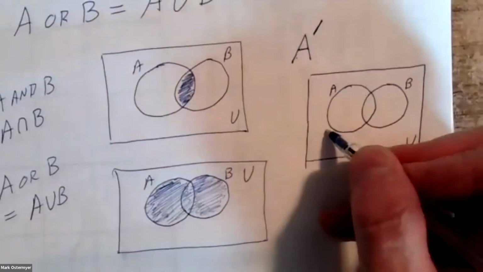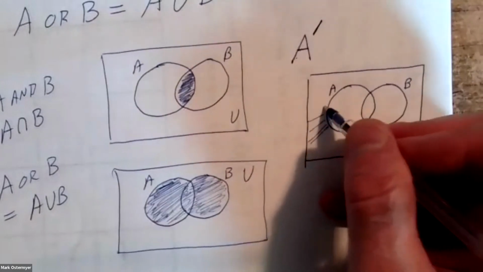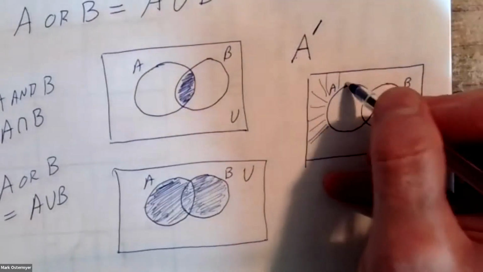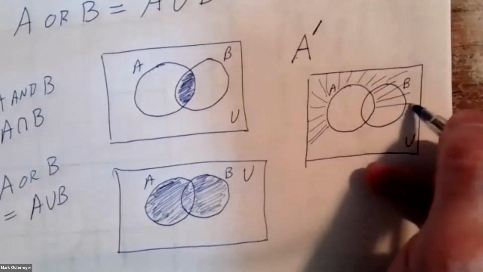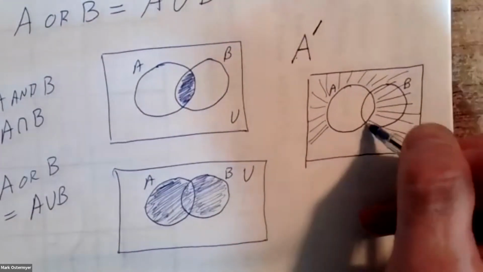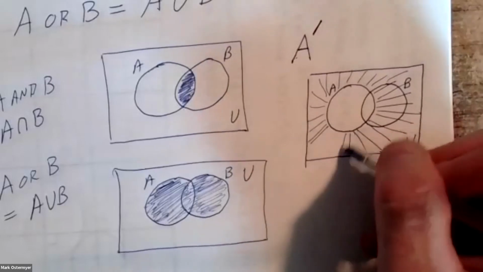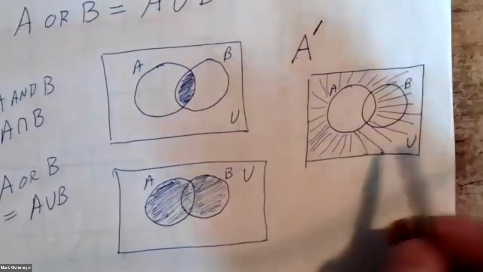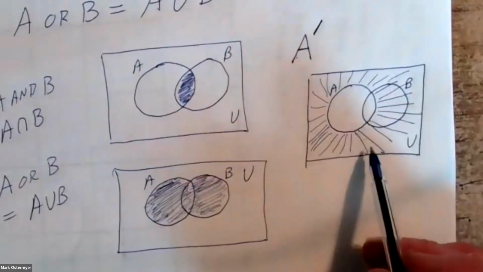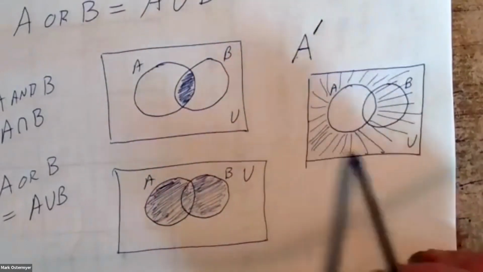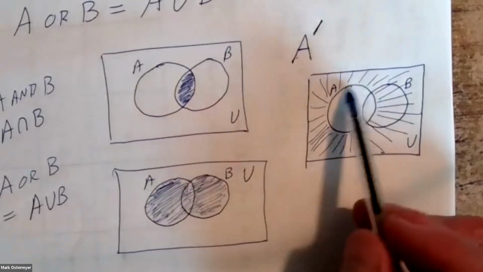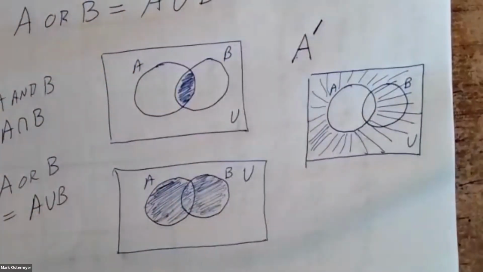Well, to not be in set A, we would have to shade outside of set A. We would have to shade everything outside of set A. You are looking at the Venn diagram that would represent the complement of set A. It consists of every element in the universal set that's not in set A. Does that make sense?